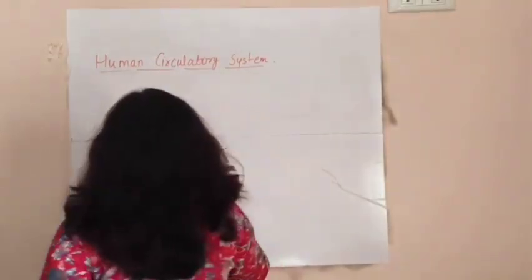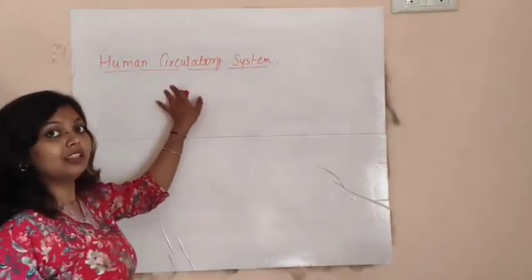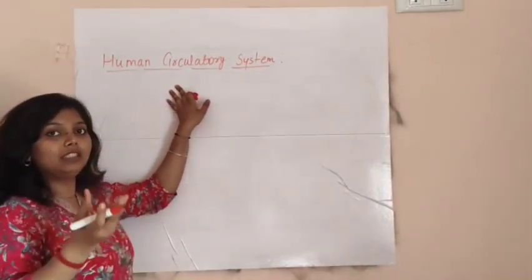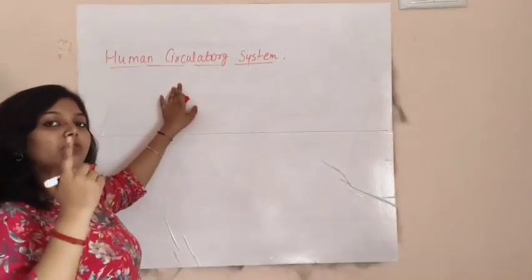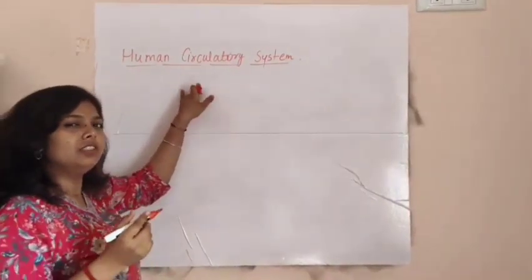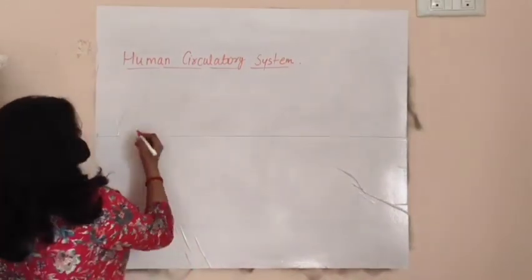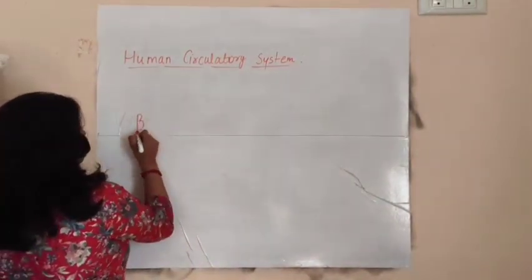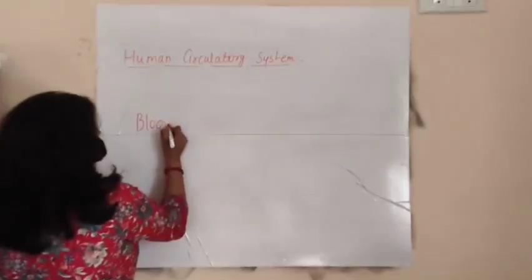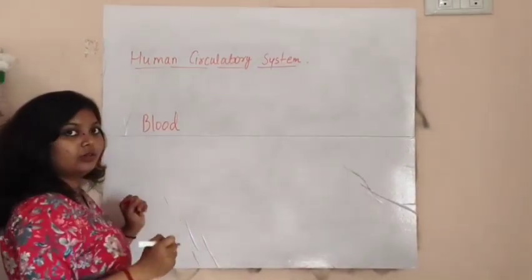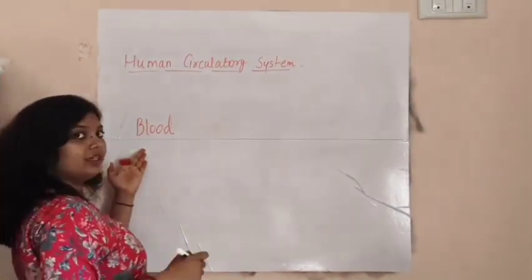Now, as we understand that it helps in the transportation of the nutrients and the oxygen throughout the body, what do we need to understand? That for the transportation we require a few things. The first, we need a medium that can carry the oxygen and the nutrients throughout the body, that being blood.